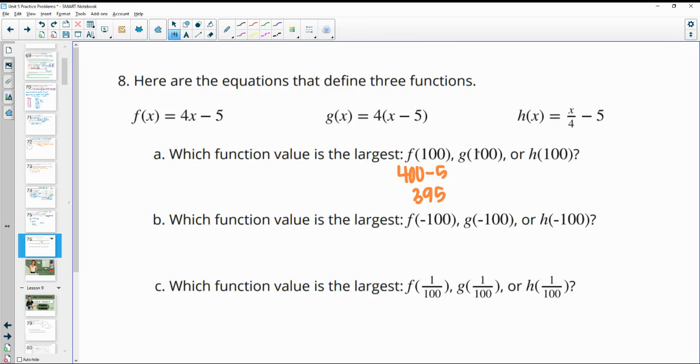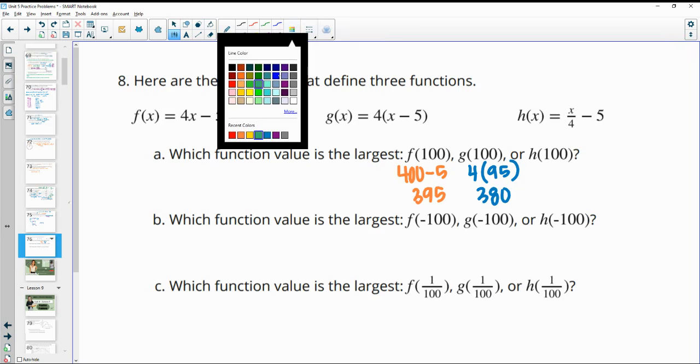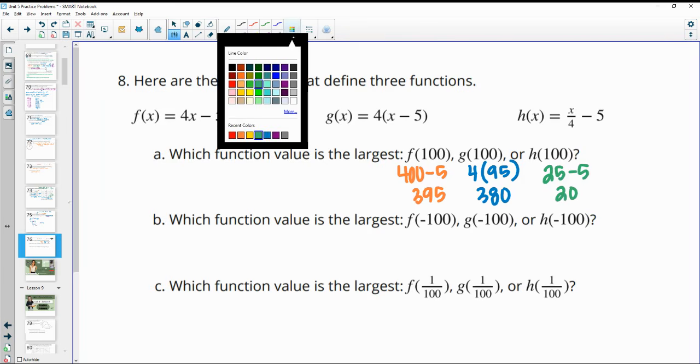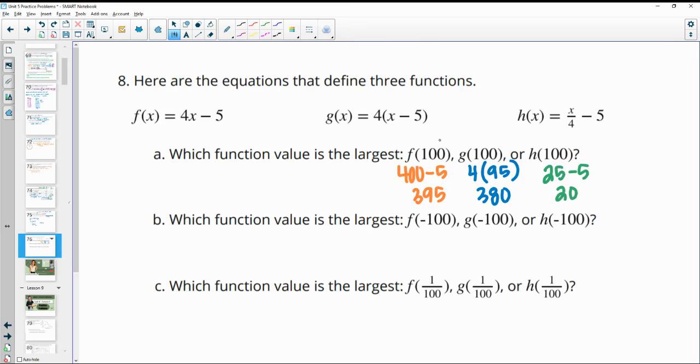For g of x, we get 4 times 100 minus 5 is 95, and 4 times 95 is 380. And then h of 100, we'd be doing 100 divided by 4, which is 25, minus 5 gives us 20. So the largest value here is f of 100.